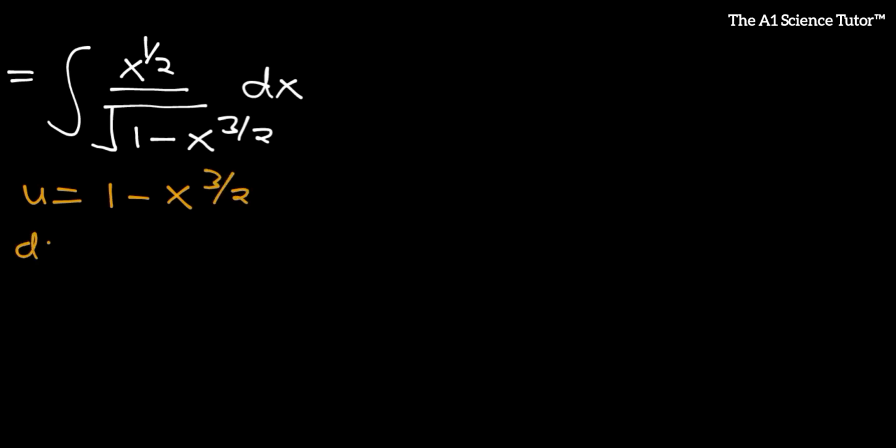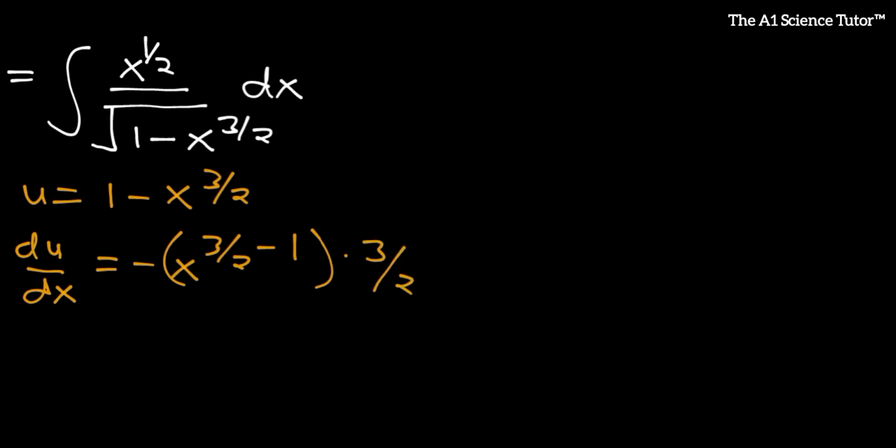So we need to differentiate it. Now the derivative of 1 is practically 0. So we're going to have negative of this, right? So that is minus x raised to the power of 3/2 minus 1, and that should be multiplied by 3/2, right? So this is going to be negative 3 over 2 multiplied by x raised to the power of half.